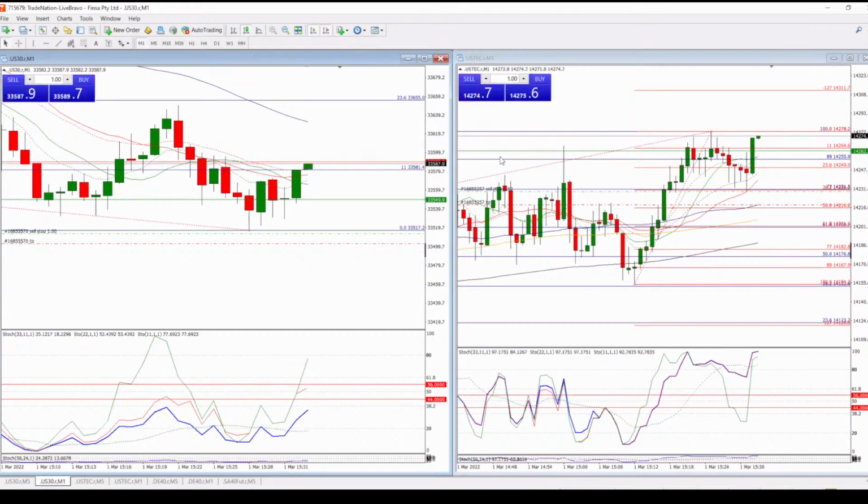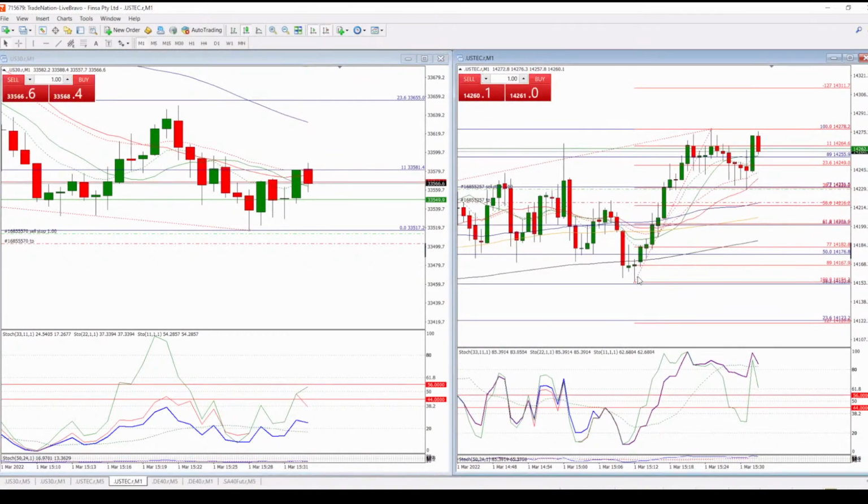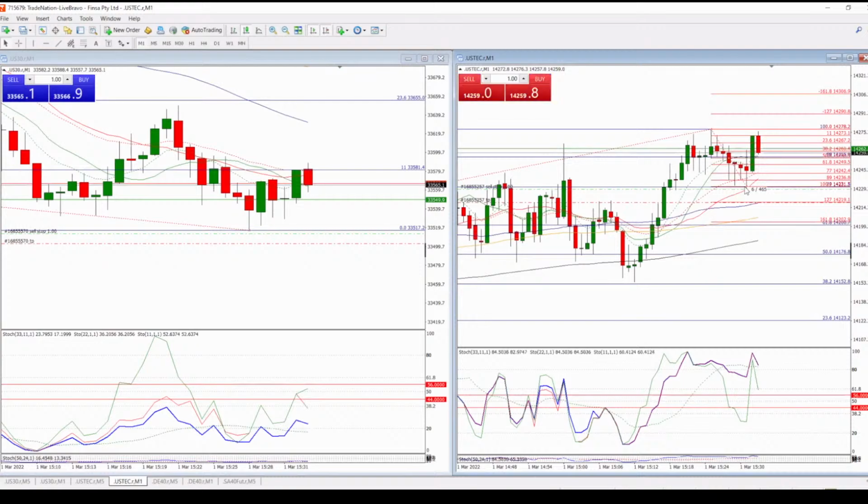Watching Dow still for stochastic up to 50, chasing that 50 moving average. Yeah, that half past candle has come and is gone. Let's see something.